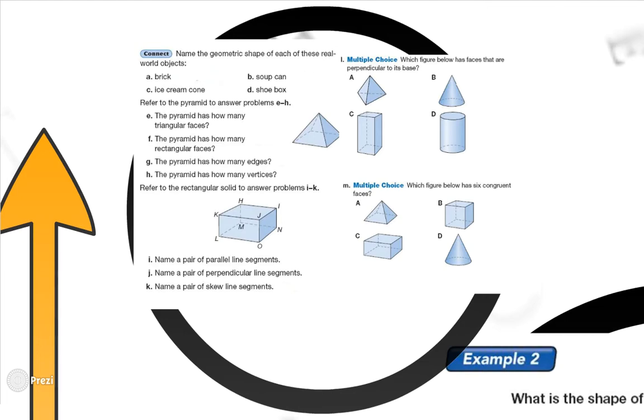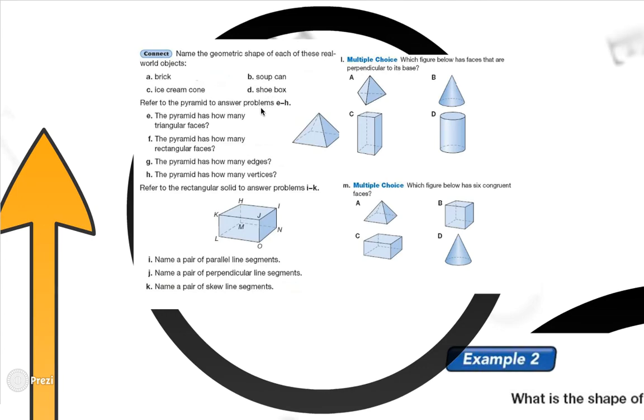Okay, so we are already on our lesson practice. So we're going to name the geometric shape of these real-world objects. If you need help to figure out what these shapes are, you can rewind this video and go back to our vocabulary to figure out the different shapes of these objects.